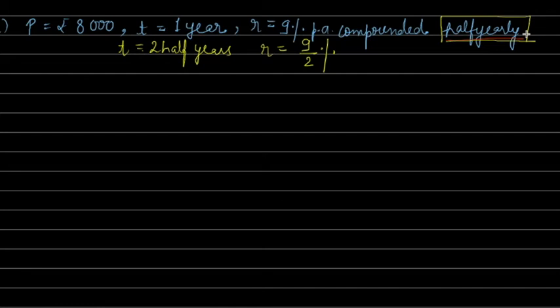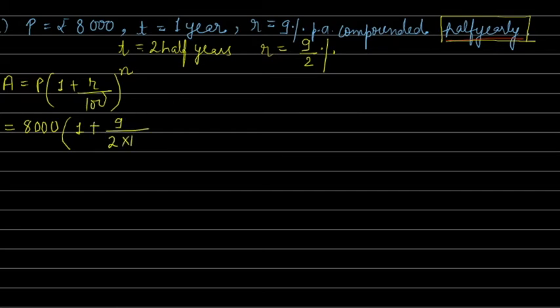Now we will again begin with the same method. Amount is principal (1 + r/100)^n. Okay, we'll go slow with the calculations. Principal is given as 8,000. Now this is 1 plus r, we have done 9 by 2, that is half, into 100, and we have calculated that n will be 2 here, correct?